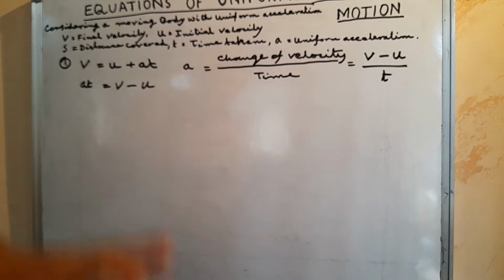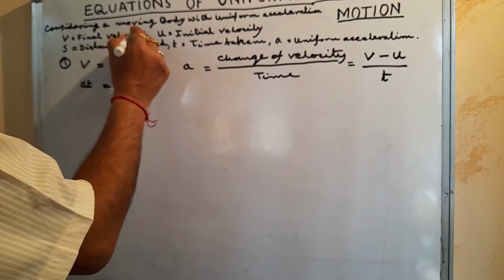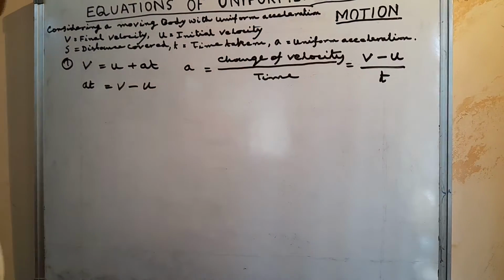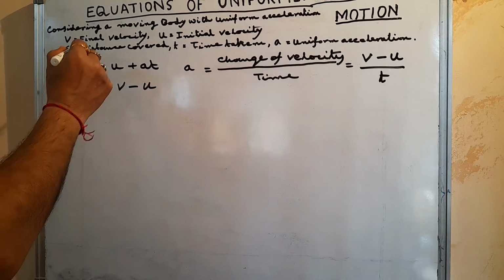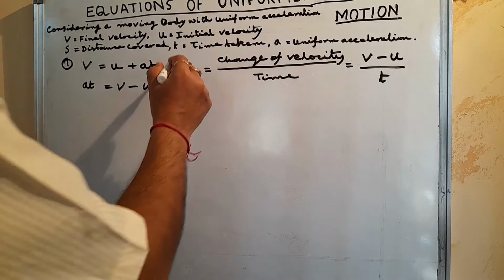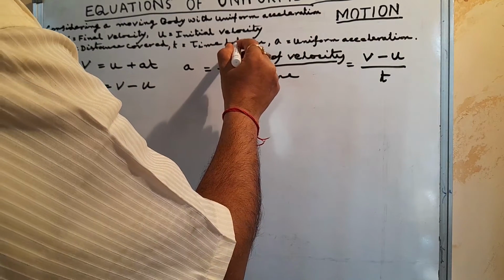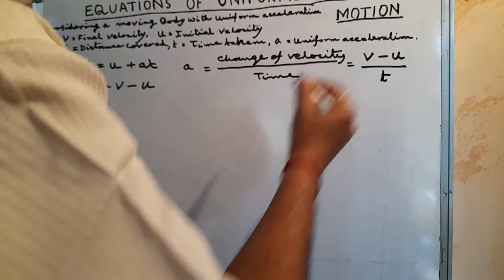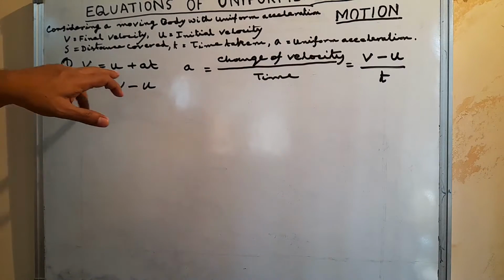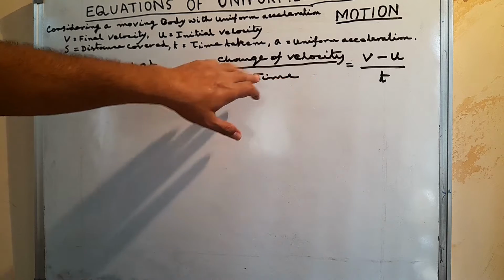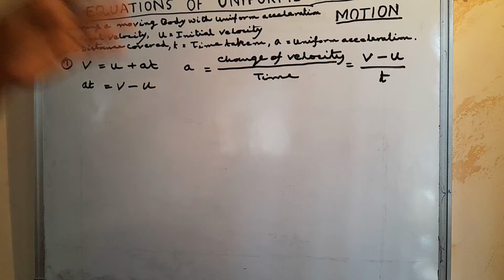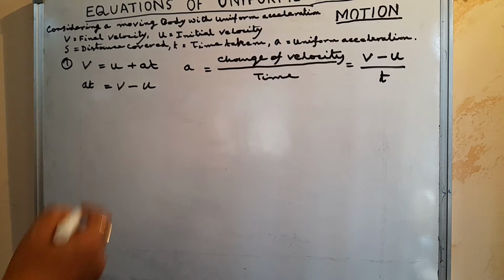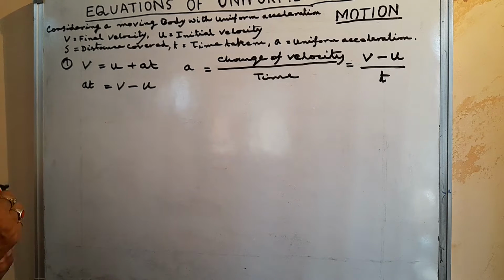The body will acquire the final velocity v, s is the distance and t is the time taken, a is the uniform acceleration. From our acceleration formula, change of velocity with time, we take at equal to v minus u.